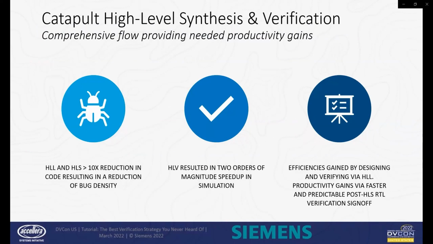Of course, there's an additional benefit of orders of magnitude speed up in simulation using a higher-level language. So this results in efficiency gains by designing and verifying using higher-level languages, and productivity gains using predictable post-high-level synthesis RTL during verification sign-off.